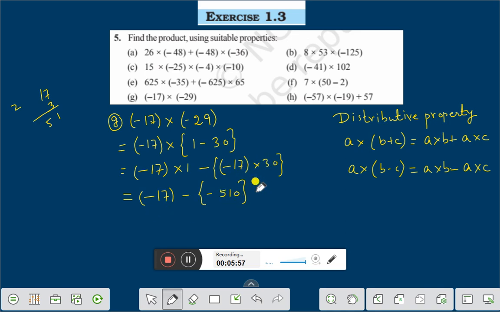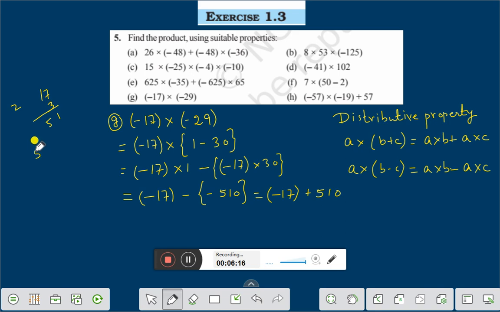Therefore we are getting minus 17, and minus into minus is plus, so plus 510. Now subtract 17 from 510.